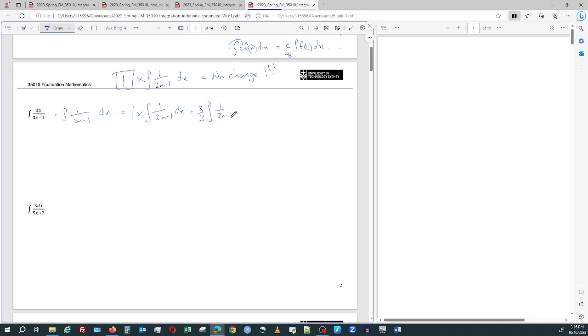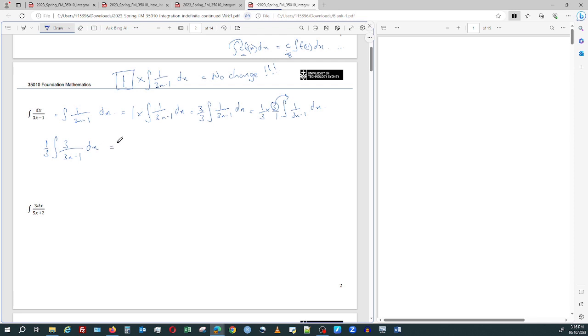Now, I'm doing every step here just so that you get familiar with this. And so what this will be is 1/3 times 3 over 1, the integral of 1 over 3x minus 1 dx. Now look what I can do here. I can invoke this rule, and I can take that 3 and place it over that sign. So we get 1/3 the integral of 3 over 3x minus 1.